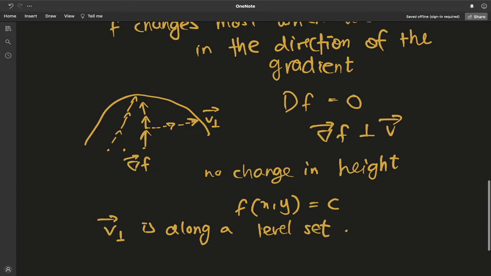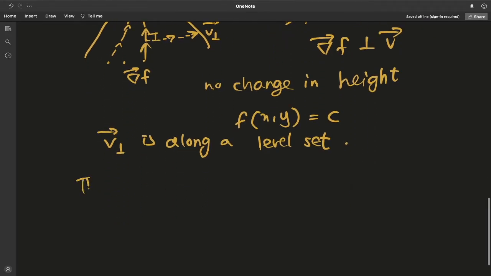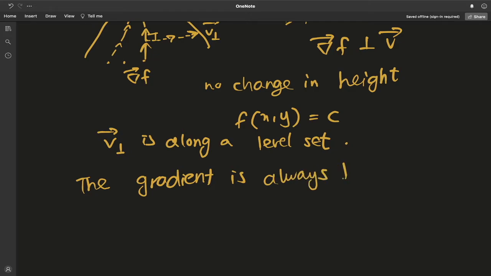So this is one way of seeing that the gradient is always perpendicular to the level set, let's say tangent vectors.